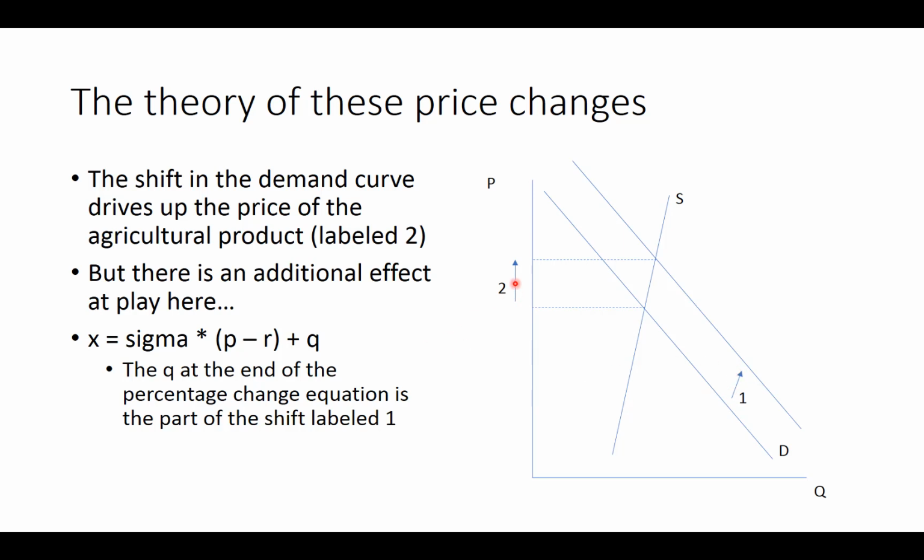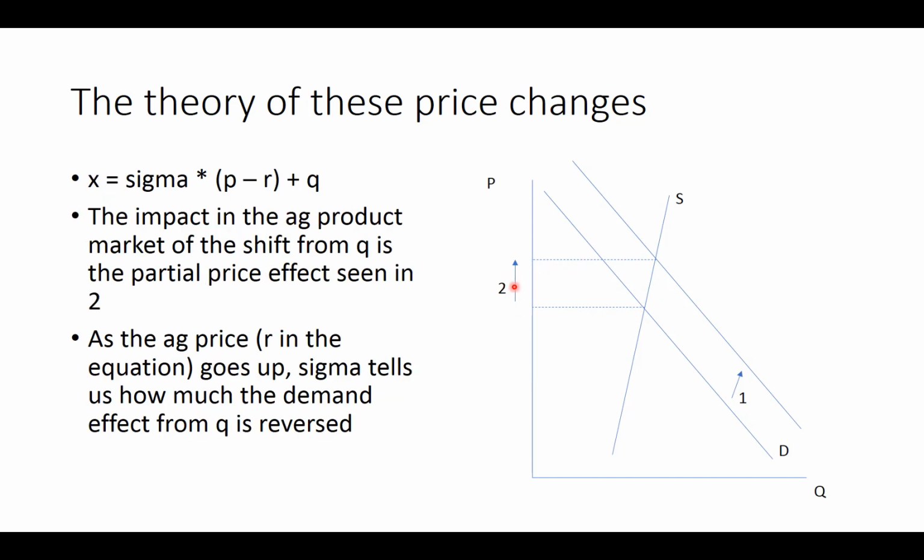Then the second part of it comes from market clearing. That shift corresponds to moving up this supply curve, this price increase marked by 2. So that shift or that impact in the ag product market follows that shift of the demand curve so that you get this price increase.